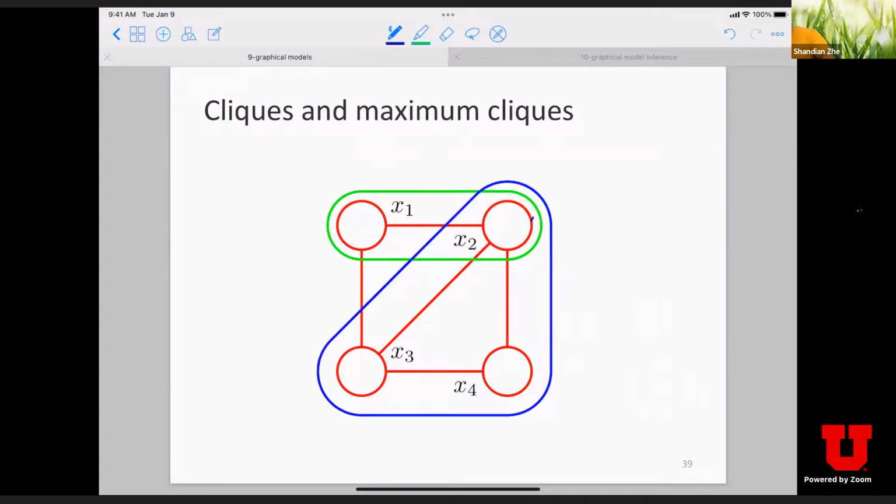For example, for x2, x3, and x4 here, notice that they are pairwise connected. But if you add one more node into this clique, it is no longer a clique. See, you add one more node x1 here. x1 does not connect to x4, so it's not a clique anymore. Then we call x2, x3, and x4 a maximum clique.